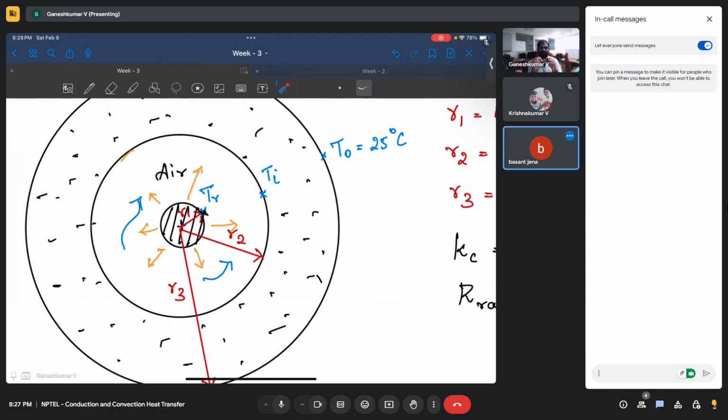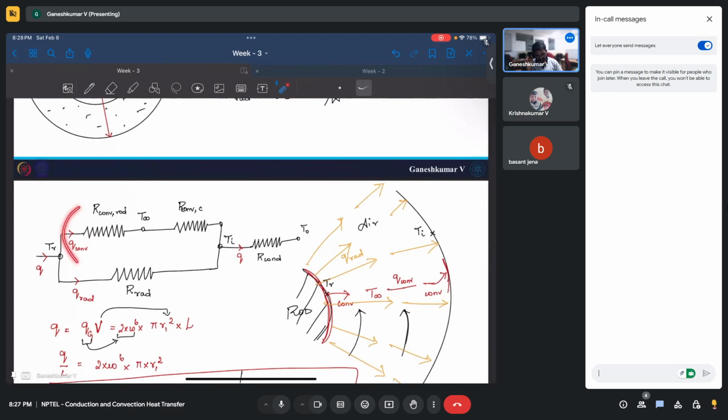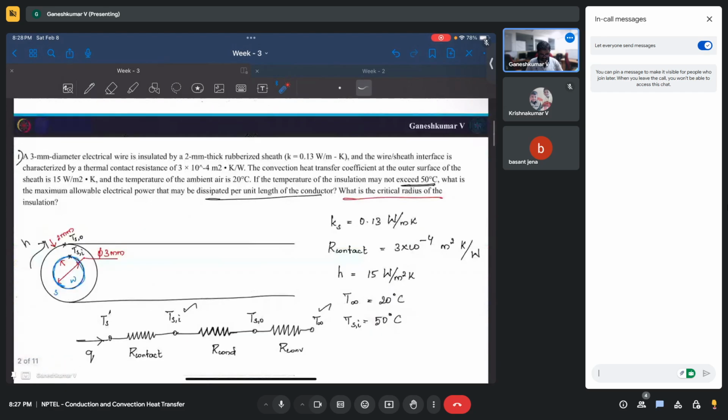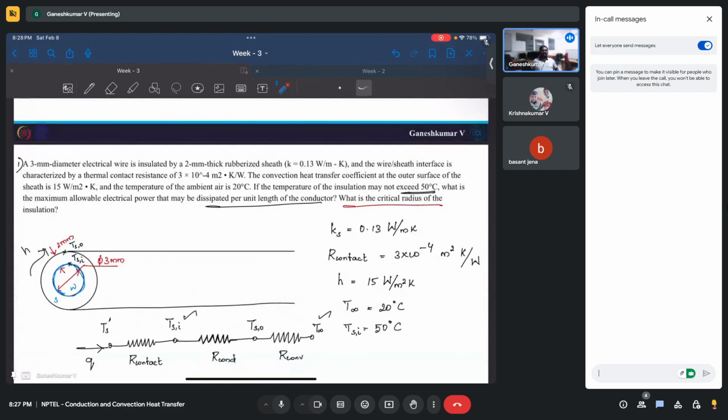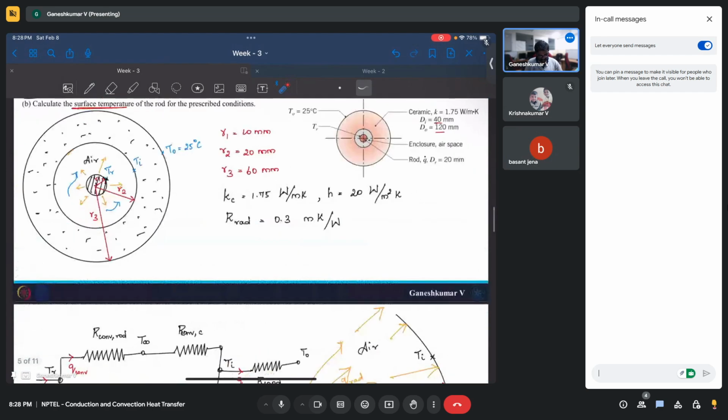So you have two things happening in parallel, so that's why it is a little more complicated: convection in series, and it is parallel with radiation. That is the only little bit of difference. The first one we know is a critical radius problem.